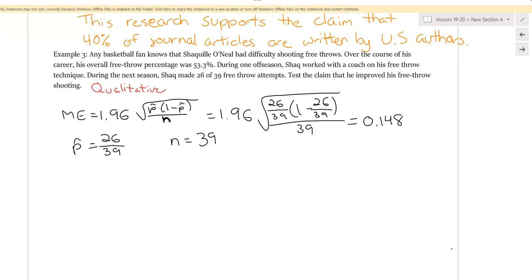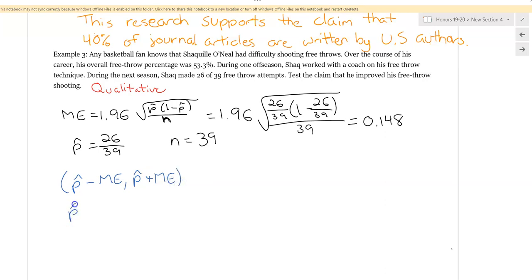Now that we have our margin of error, we need to find our confidence interval. And our confidence interval is going to be p hat minus our margin of error, and then p hat plus our margin of error.